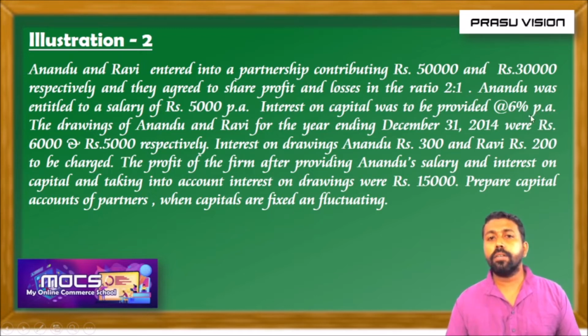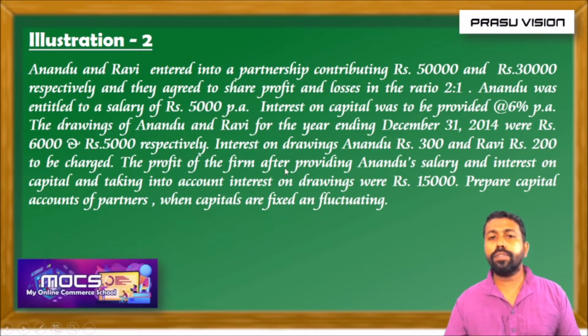Every year, partners will get 6% interest, and Anandu will get 5,000 per annum. And the drawings of Anandu and Ravi for the year ending 6,000 and 5,000. Interest on drawings of Anandu 300, Ravi 200.